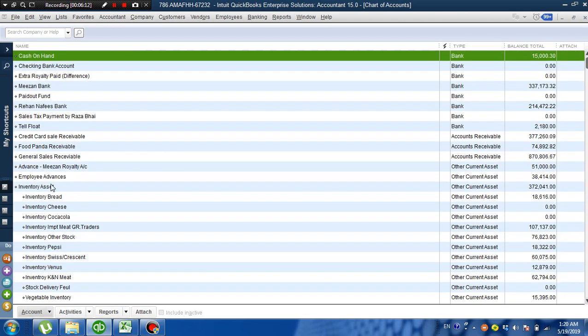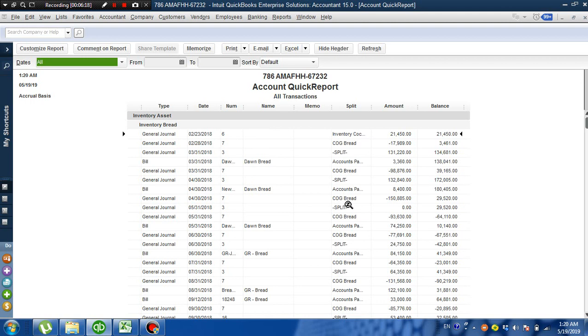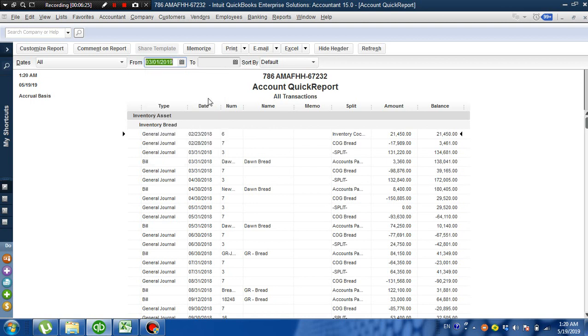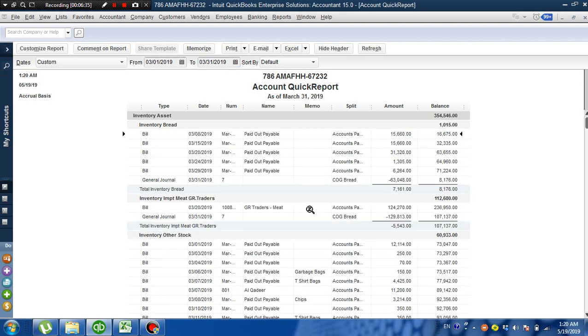Look at this. This is the inventory sets. If I run a quick report of inventory set, you will find out that, for example, I want to see the month of March. Look at this, from 1 March to, let's take it to the 31 March. Now here you can see the bread inventory.